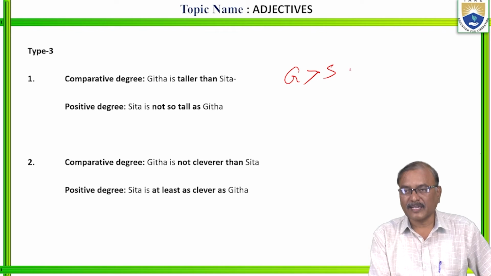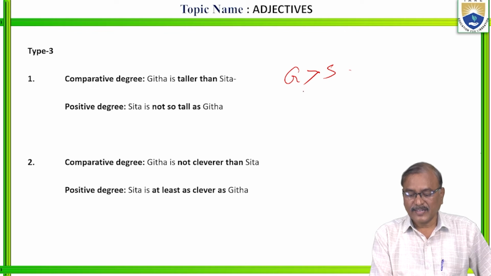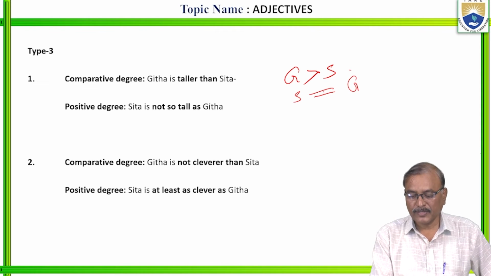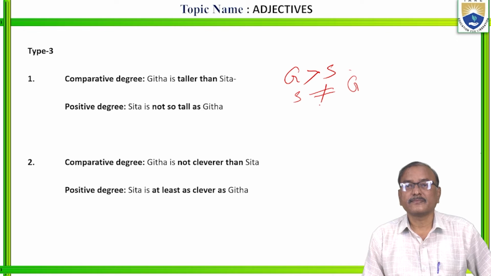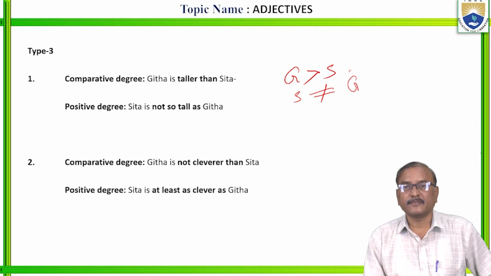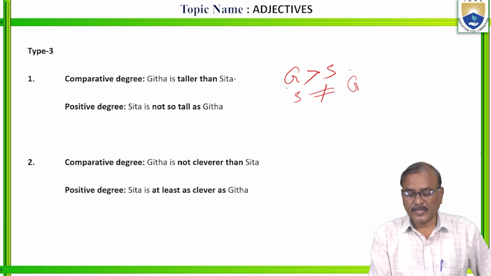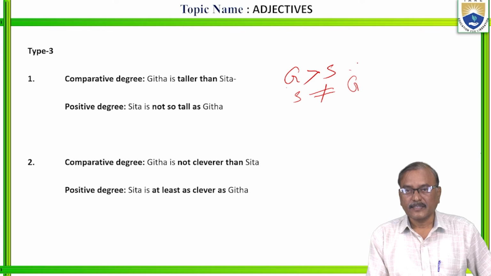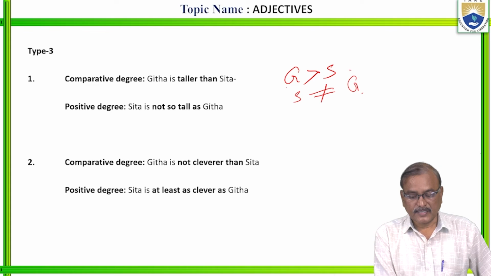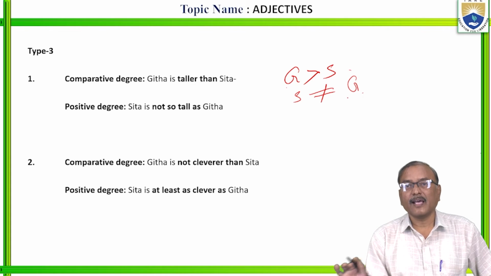When one is taller than the other, can Sita become equal to Geeta? No, it's not possible. Sita is not so tall as Geeta.